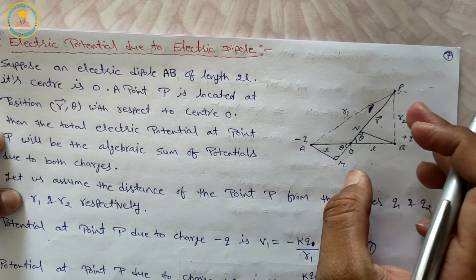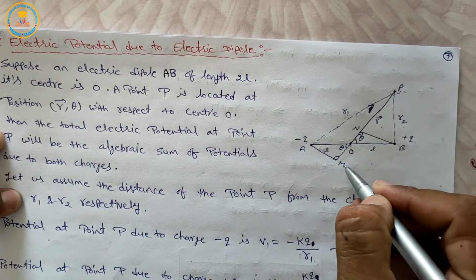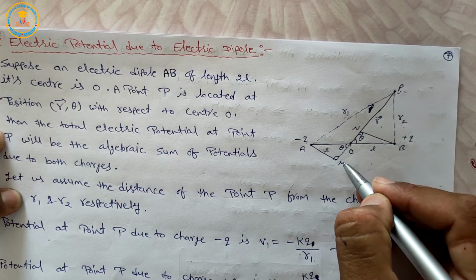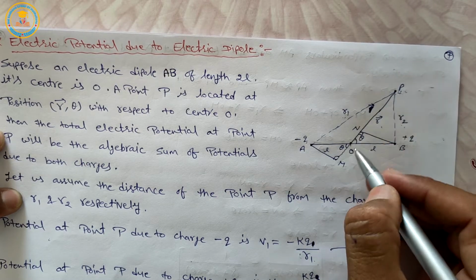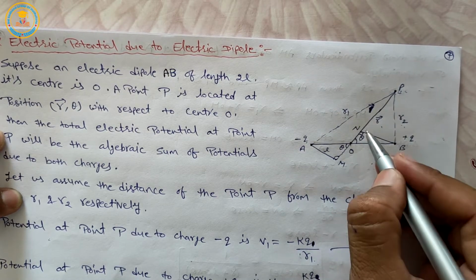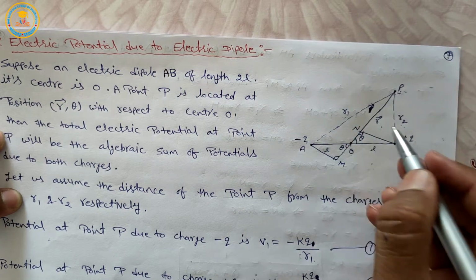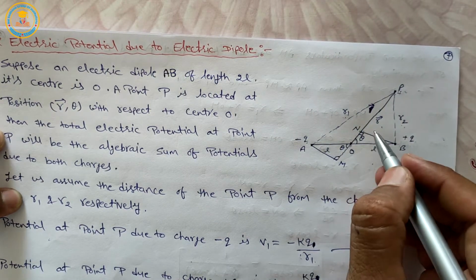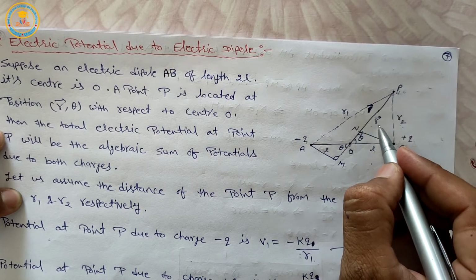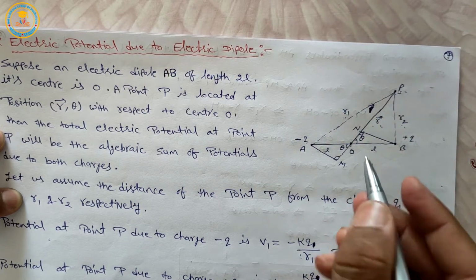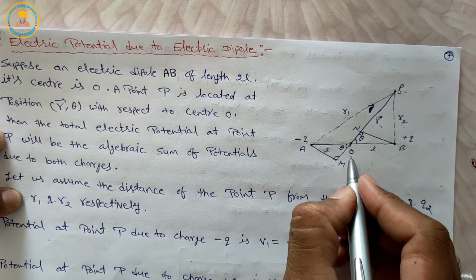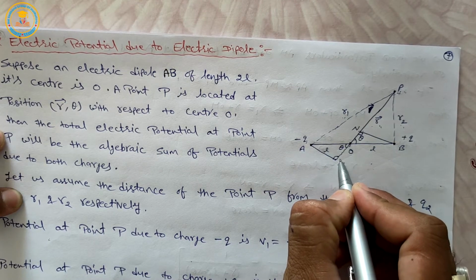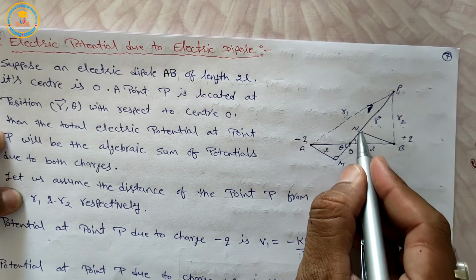So we find the value of MP. MP is equal to OP plus OM, and NP is equal to OP minus ON. We know that OP is equal to r. Okay, so first we define the value of OM and the value of ON.